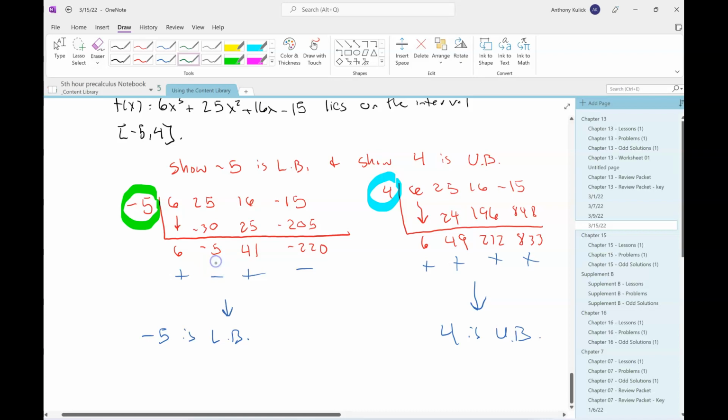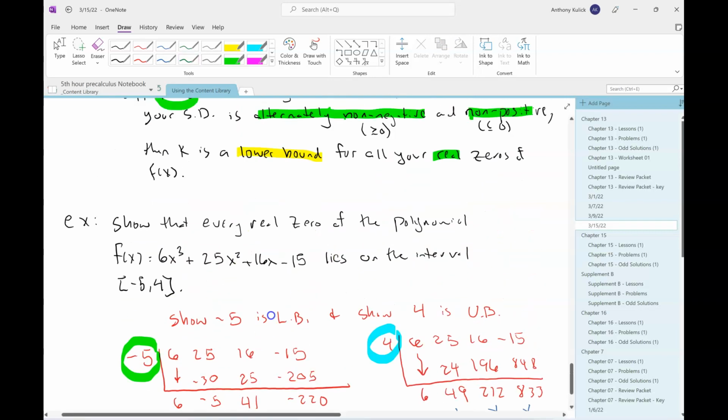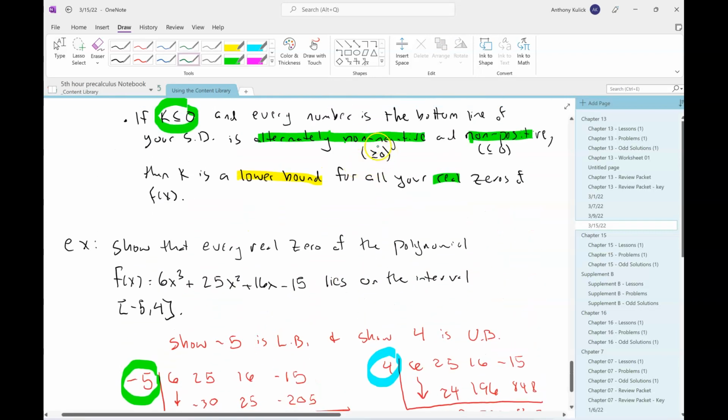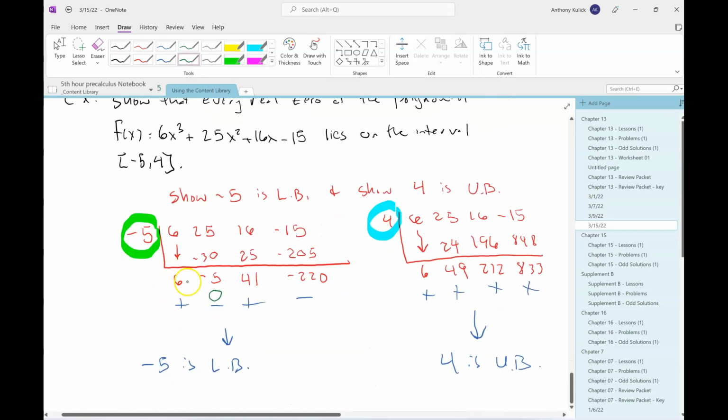However, if this instead of being a -5 was a 0, that's okay. Because again, it's alternately non-negative, which includes zeros, and then non-positive, which is including 0. So I have positive, non-negative, positive, you know what I mean? I should say non-positive here, but you get the idea.